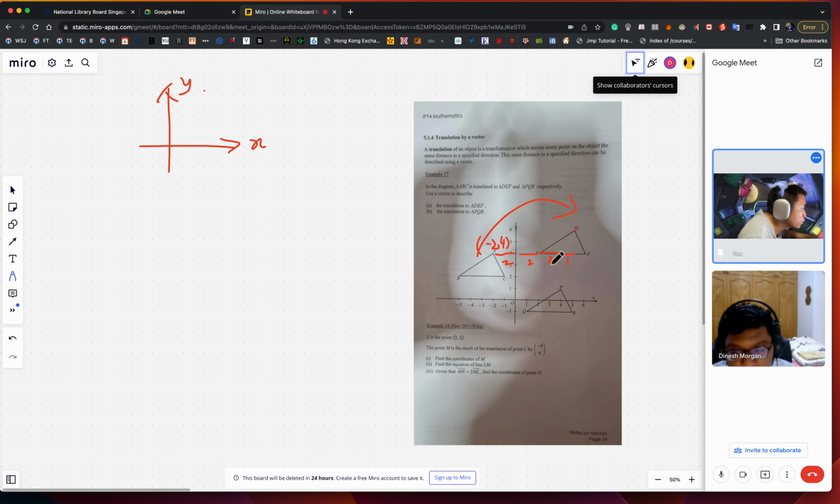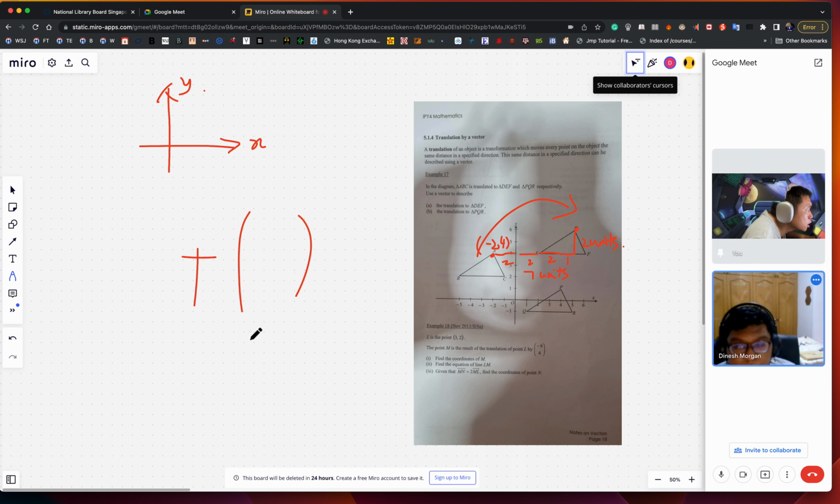It moved 7 units to the right, and then it goes up by 2. So in a way, this is described by a column vector, 7, 2.